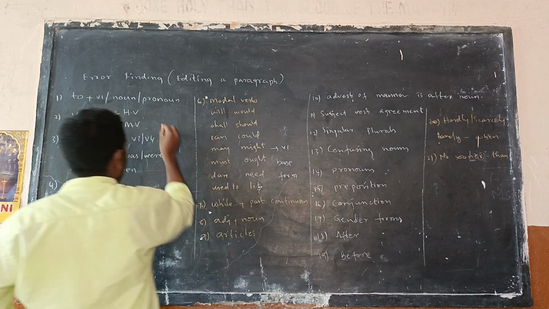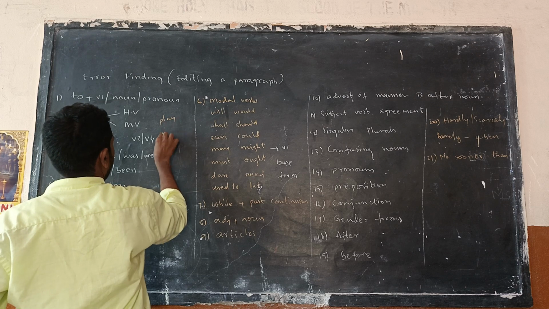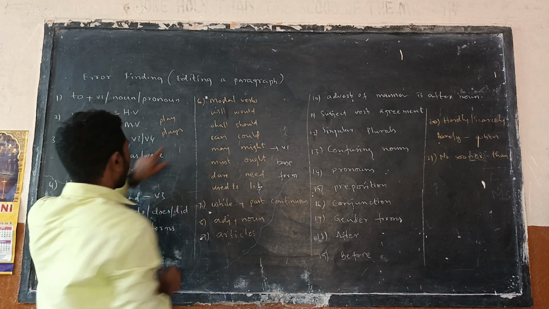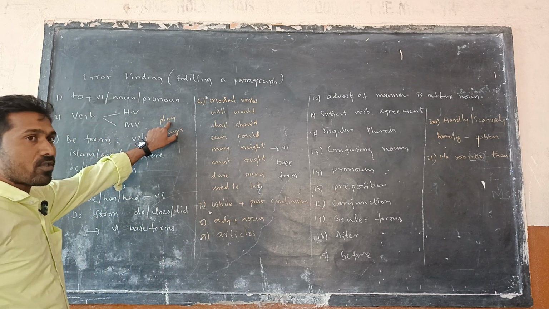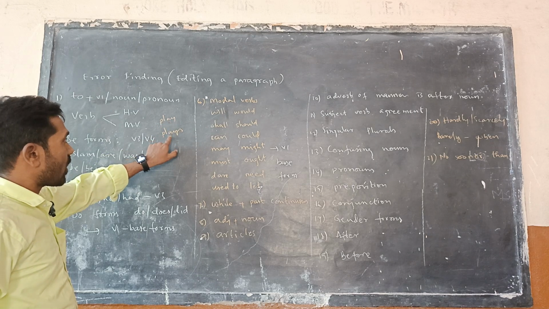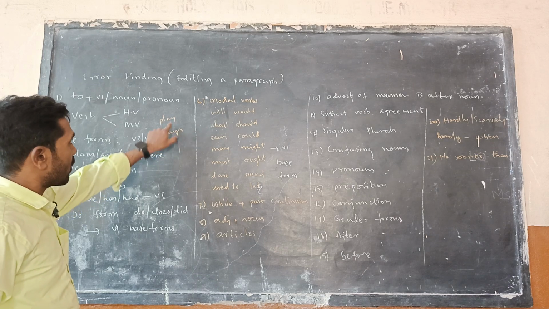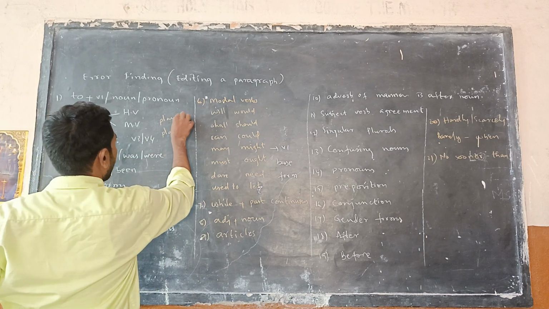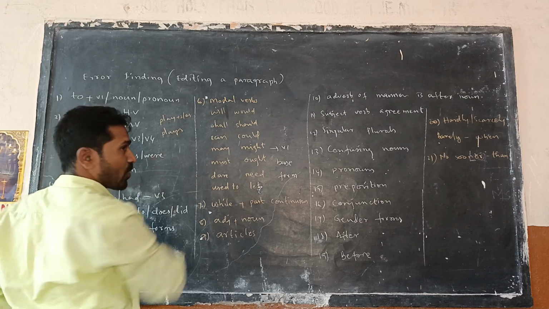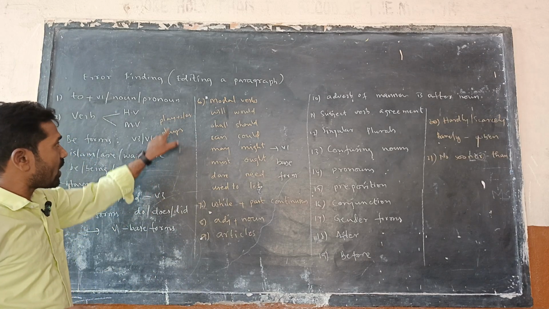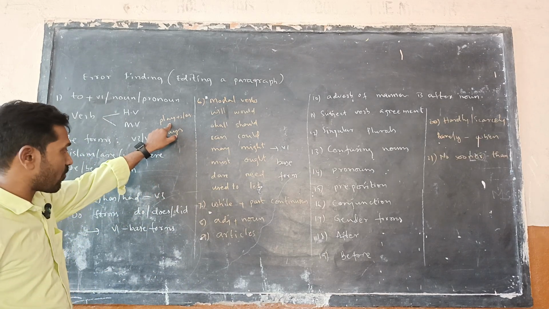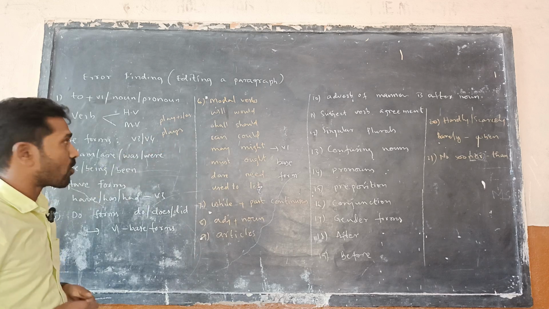Here "play" is V1, and "plays" is derived. Play plus s or es gives plays, so play is the base word, or root word. It is called a root word.